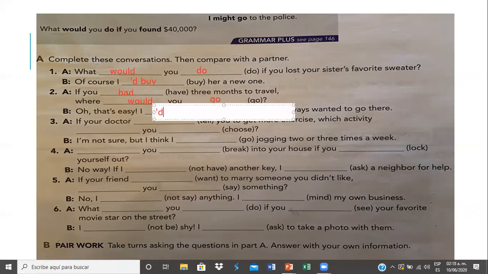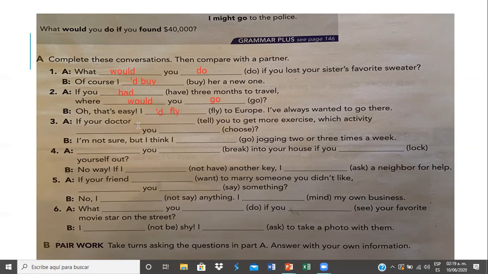I would fly. I would fly to Europe. I've always wanted to go there. Okay, you do the rest of the activity. So pause the video and do it. Meanwhile, I'm going to be writing the answers.